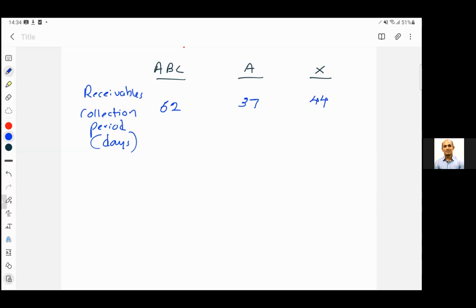So you can compare this collection period with credit period given to customer.